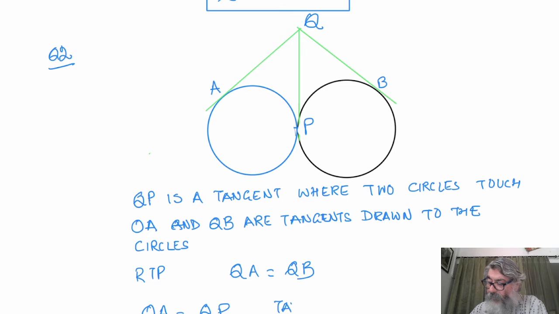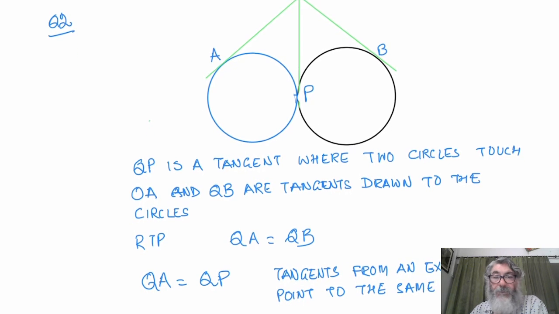Tangents from an exterior point to the same circle. We have proved this theorem for you, that if two tangents are drawn from a point to a circle, then they are of equal length. QA is equal to QP.